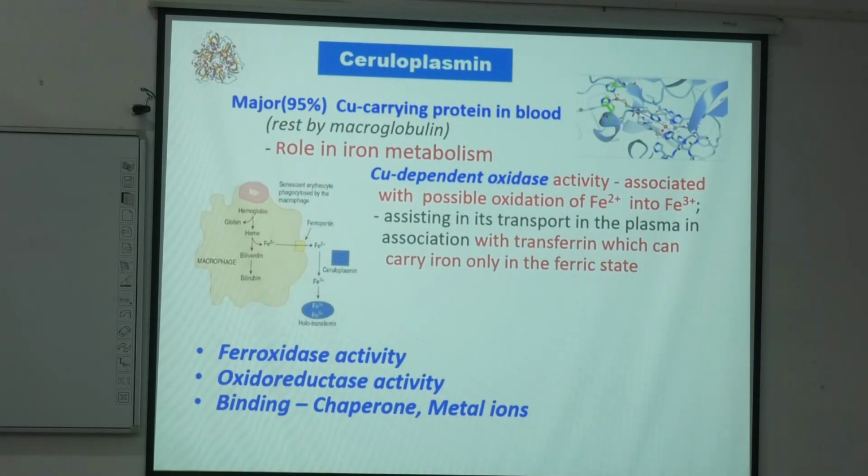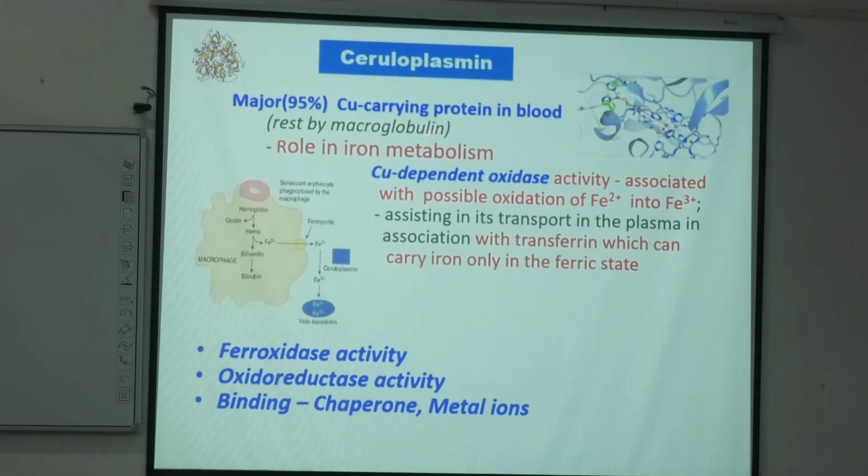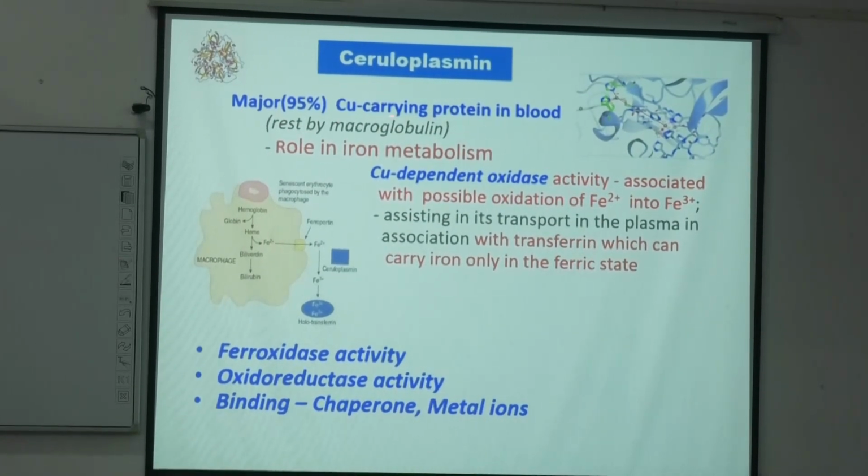Ceruloplasmin, I repeat, this is one important plasma protein, and it's a major copper carrying protein, and it is related with iron metabolism also. 95% of copper is carried by ceruloplasmin, and it has copper dependent oxidase activity. You see that iron Fe2+ is converted into Fe3+ by ceruloplasmin, and it is in this form that iron is transported.